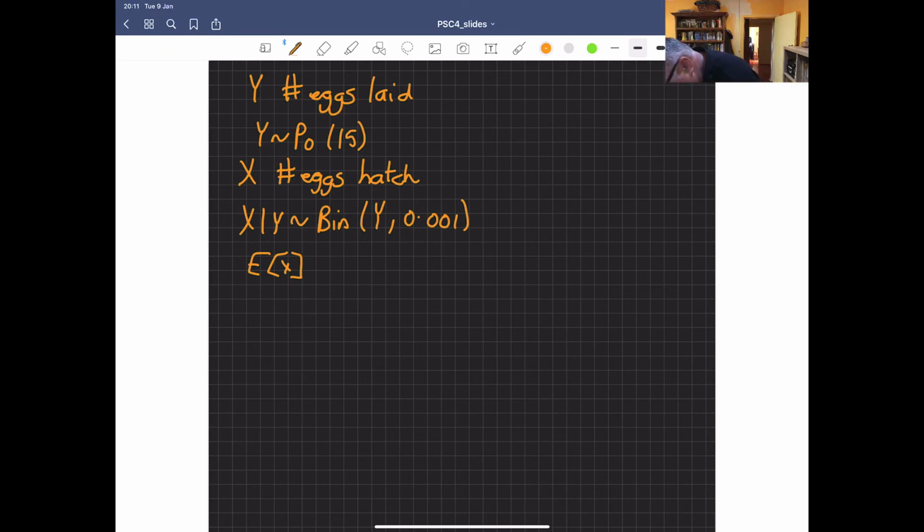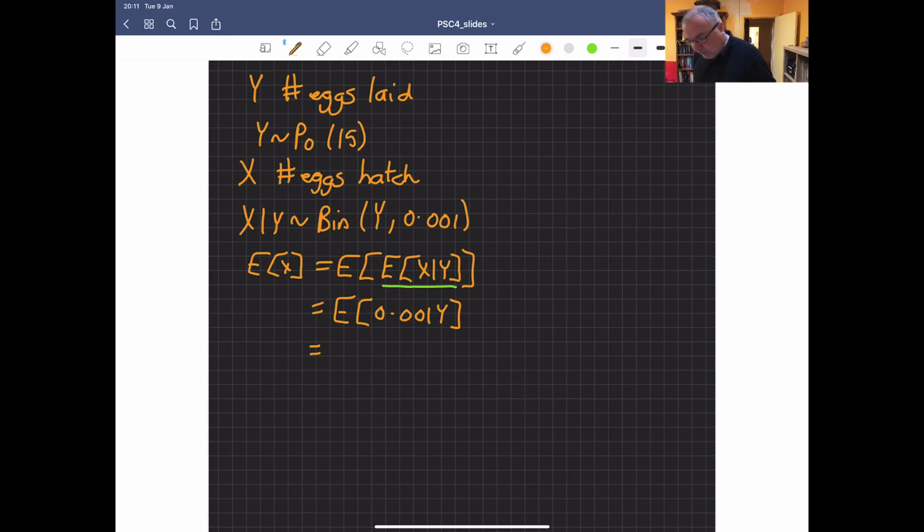I can say this is equal to the expected value of the expected value of x given y. Let's just look at this one here. Let's assume we had a fixed value of y. What would be the expected value in a binomial? It would just be n times p. So in our case, it's going to be y times p. So we can write this as the expected value of 0.001 y.